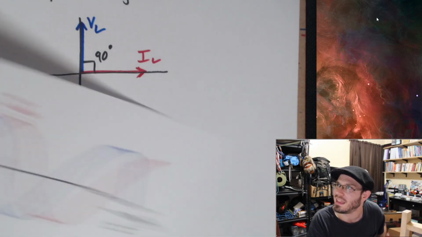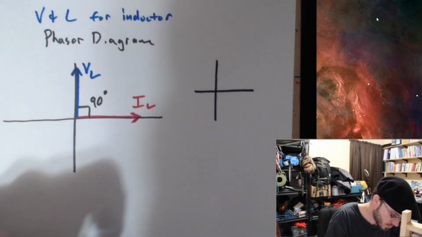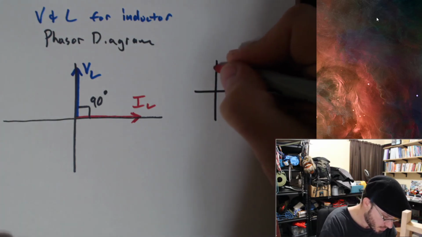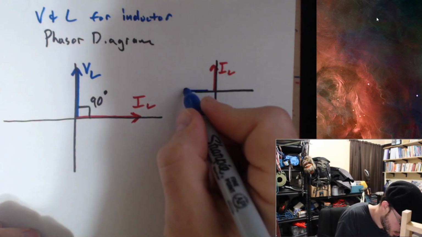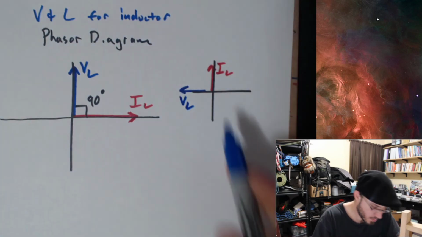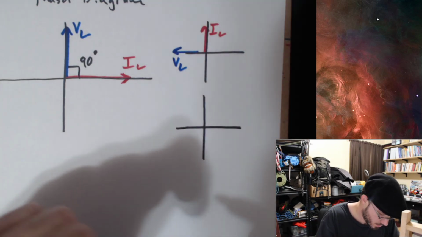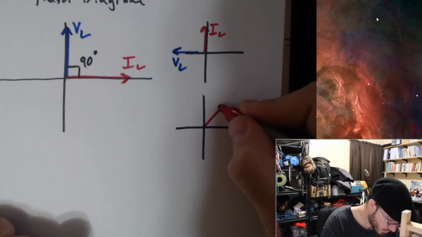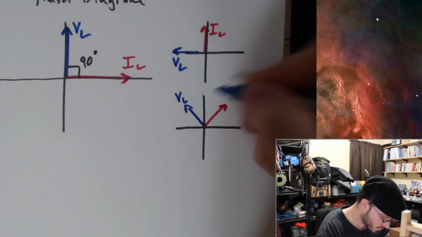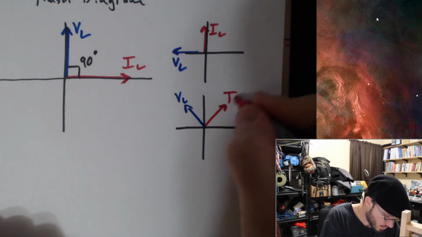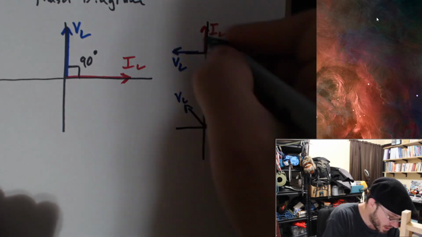So whether I draw it like this, or I draw it like this, I'm getting the same story, which is that these two phasors are 90 degrees apart from each other.